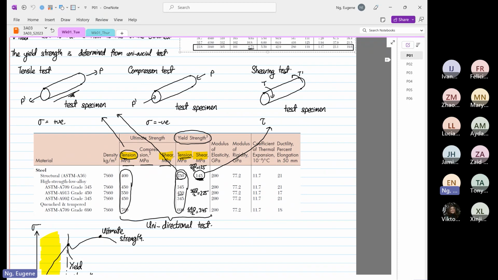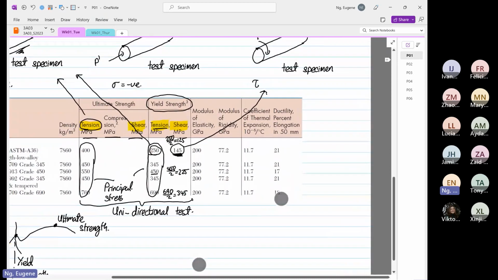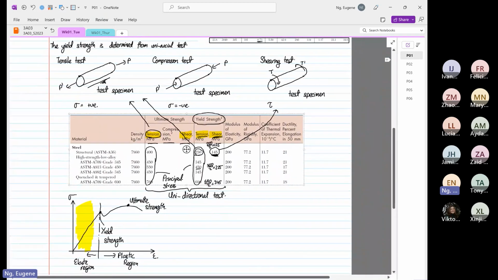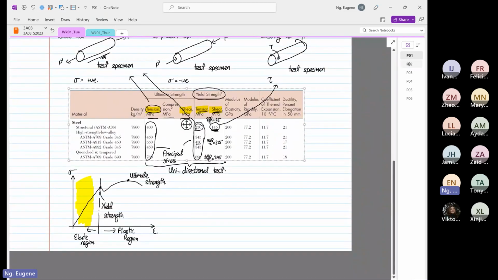We all know now they are from uniaxial tests. In fact, these values over here are your principal stresses. Now you know why already, right? Because they are carried out in one direction. And you also know that if you're not given the shear value, you can just divide by 2. Simple, straightforward, easiest assumption.